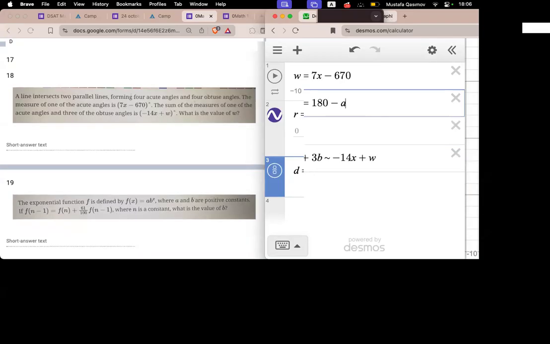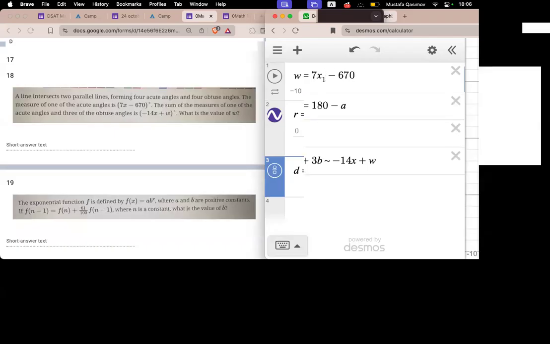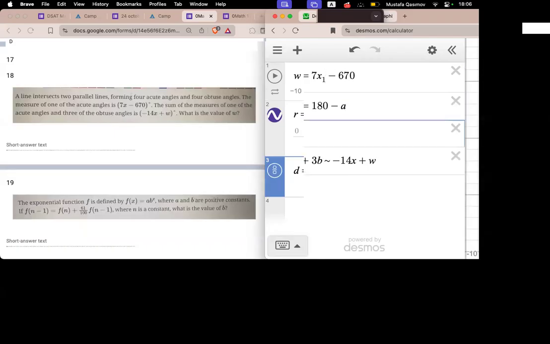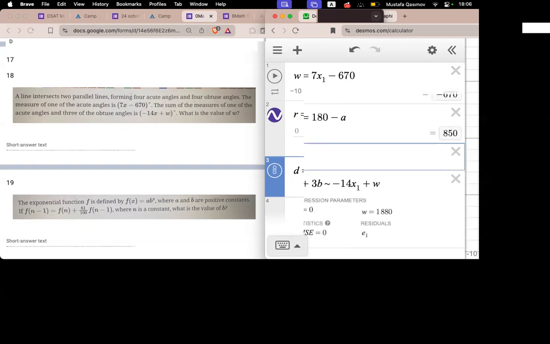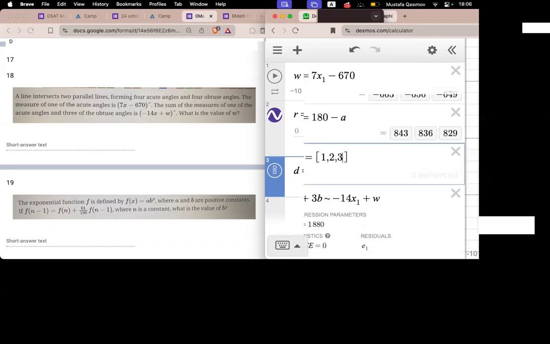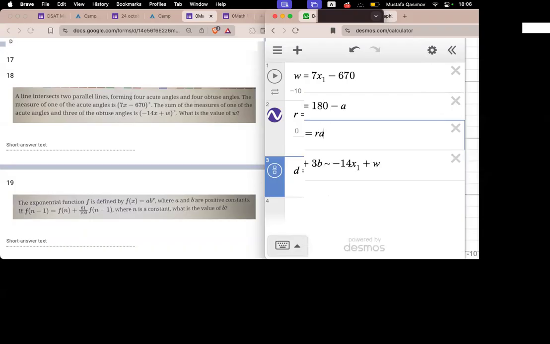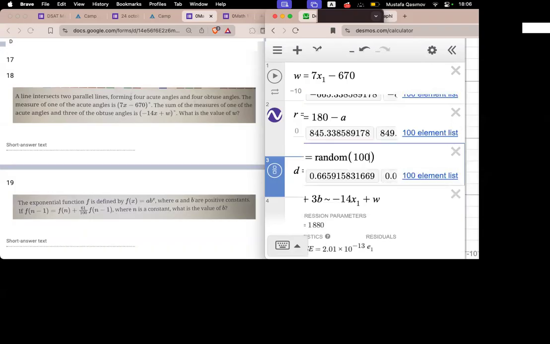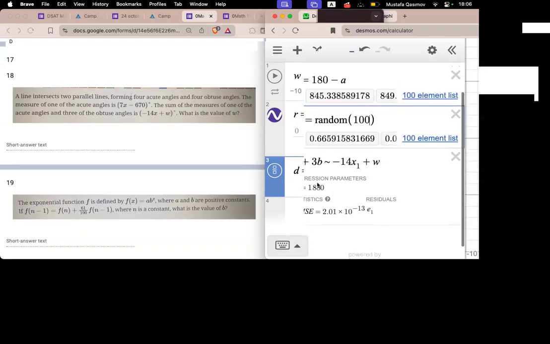Then also write here x1. You will get the answer. Okay, so x1. Then let's write x1 is equal to, for example, 1, 2, 3, or random. If you want random, it's also okay. Random 100. Any question?